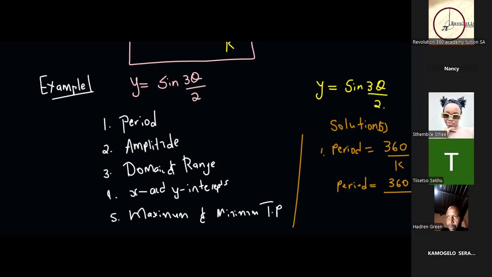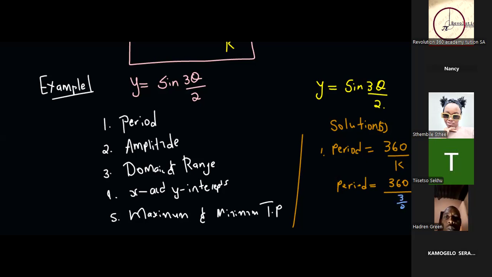In this case, our k represents 3 over 2. Don't get confused. It's the same as using 3 over 2. But math doesn't like us to have many division signs, so to be on the safe side, this is how you can write it.